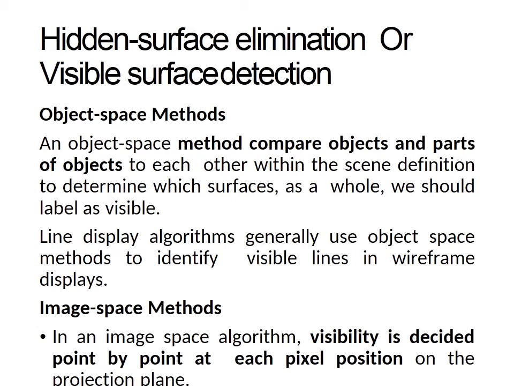So hidden surface elimination or visible surface detection has two different methods. First is the object space method. In this method, various parts of objects are compared. After comparison, visible, invisible, or hardly visible surfaces are determined.